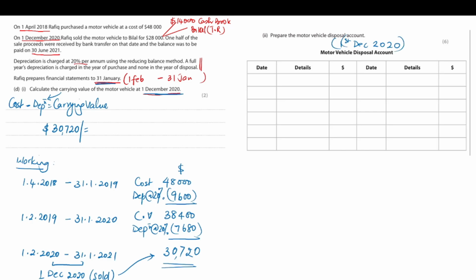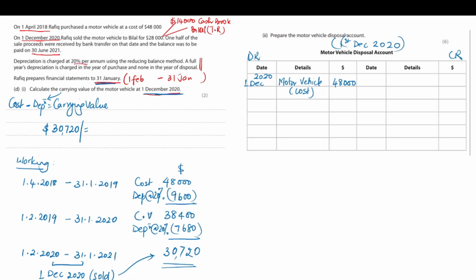And here debit, credit, date, we always take on the debit side the non-current asset at cost. So we have the motor vehicle cost value. What was the cost of the vehicle which is sold? 48,000. And on what date? On 1st of December 2020.